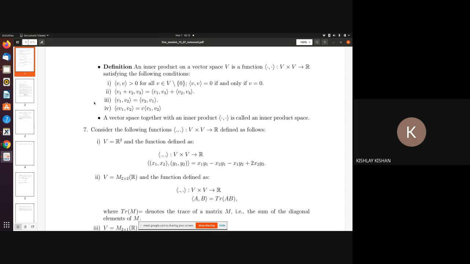Sir, the third condition is c into v dot u is equal to the fourth condition. So the third and fourth are the same.